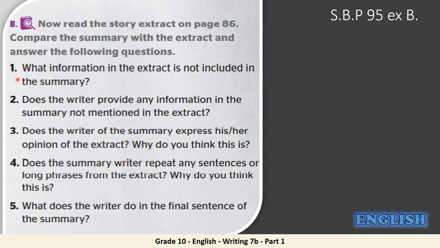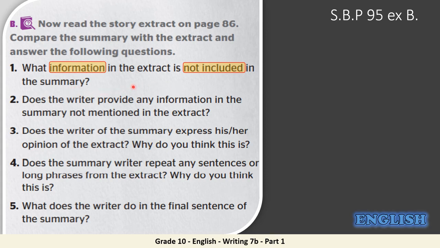Question number 1. What information in the extract is not included in the summary? So can you tell me what the keywords are here in this question? That's right. It's information that is not included in the summary. And here let me ask you a question. Does the writer of the summary mention all the characters of the story?